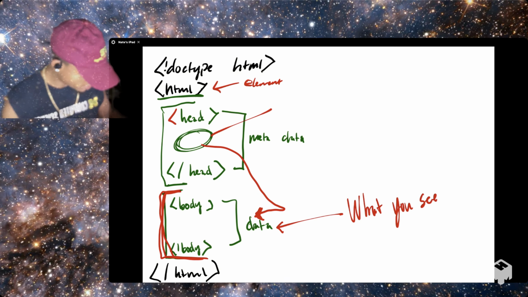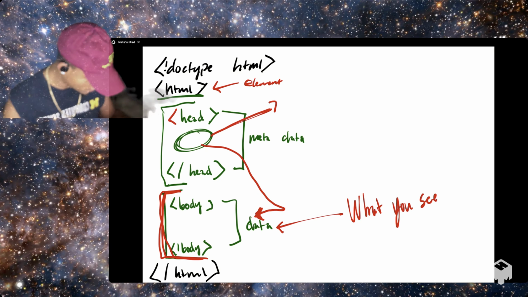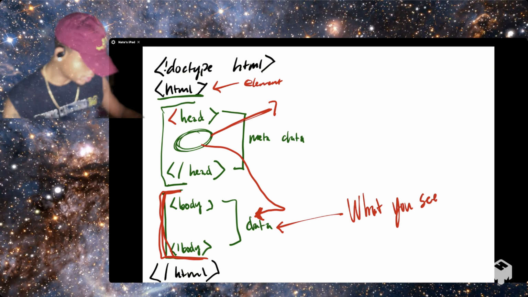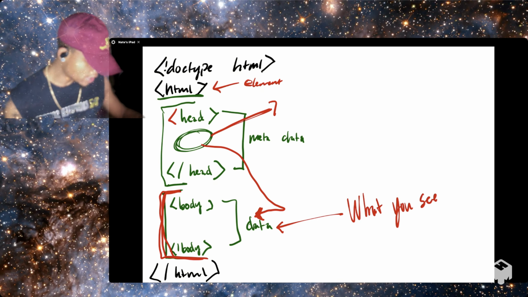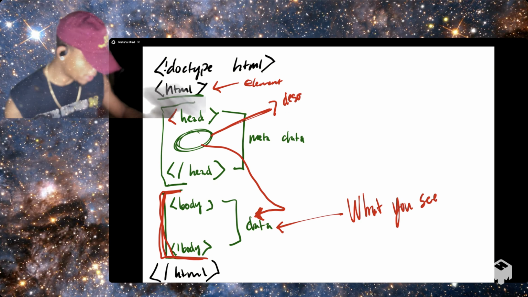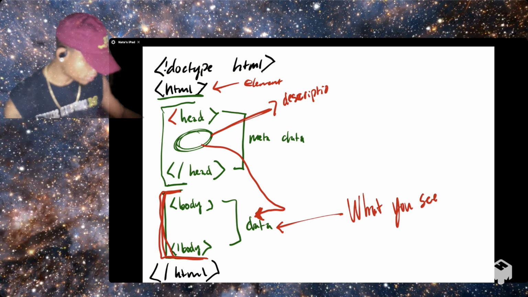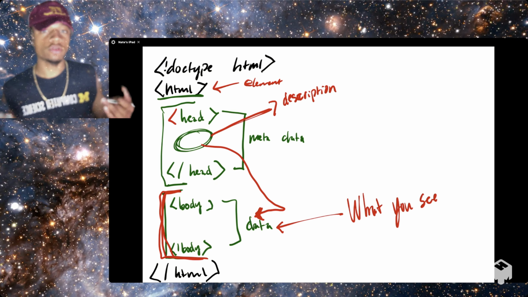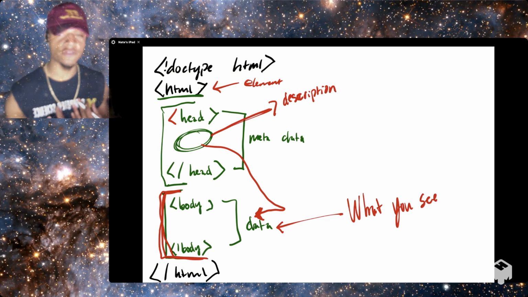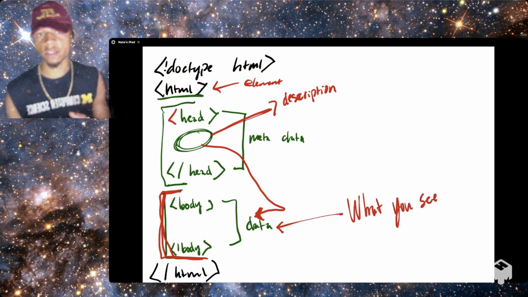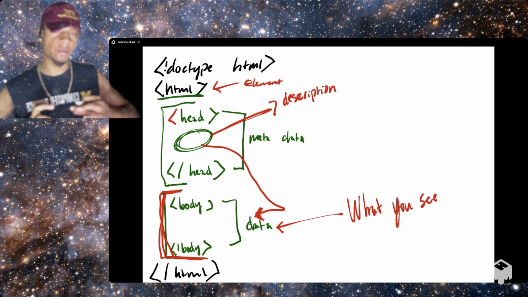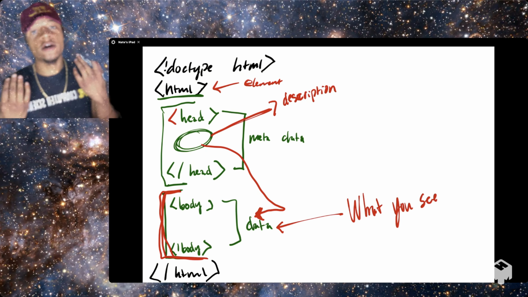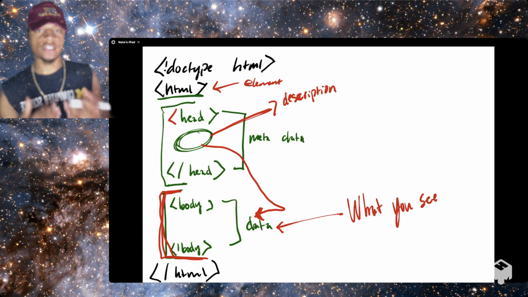Well, in the head you can have things like a description of the web page. The description is something that shows up on Google when you Google that web page. For my web page, natebaker.me, the description in the head says freelance web developer and tutor.